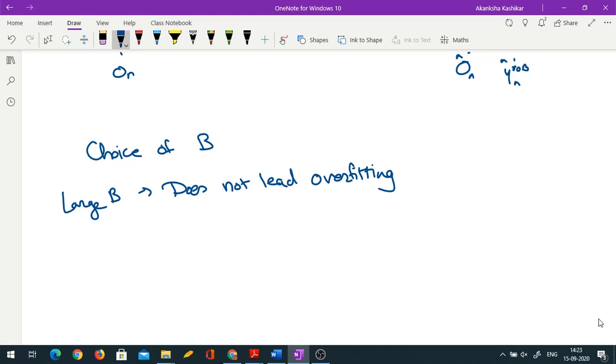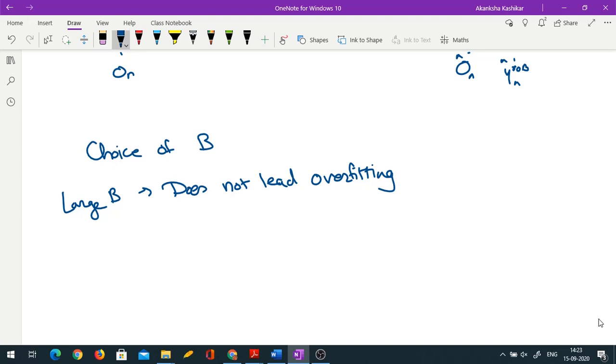Why? Because even if you have a large B, you are not making a single model too flexible. You are having B models, and every model is technically on a different sample, at least a portion of that sample is different. As a result, large B does not lead to overfitting.